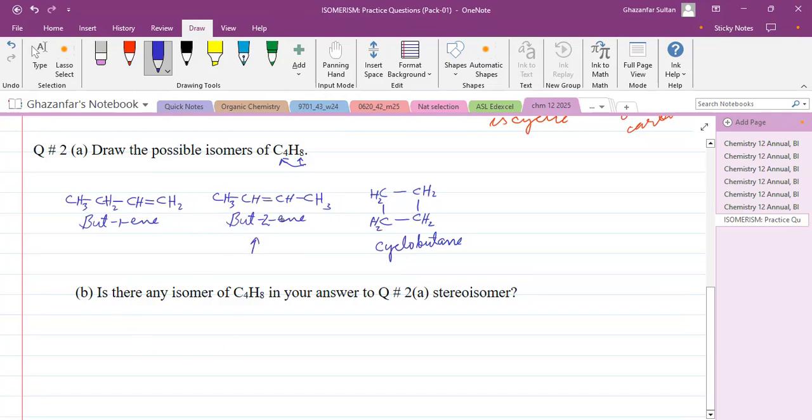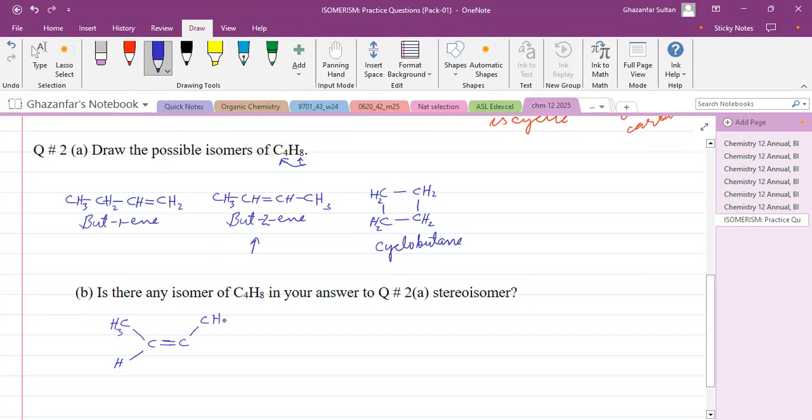geometrical isomer, not the optical, because there's no chiral carbon. So now we can draw this compound in this way, that CH3, carbon, hydrogen are there. And remember that if there is olefinic carbon, it is sp2 hybrid, so the bond angle is 120 degree.